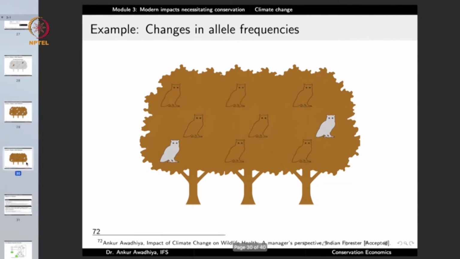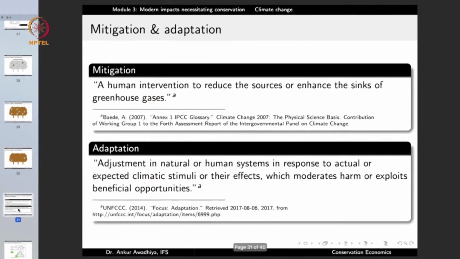And slowly we are seeing that more and more of these birds are now in darker shades. So there are changes in the allele frequency. So we are seeing changes at the genetic level because of climate change. So this is another thing that we are observing.